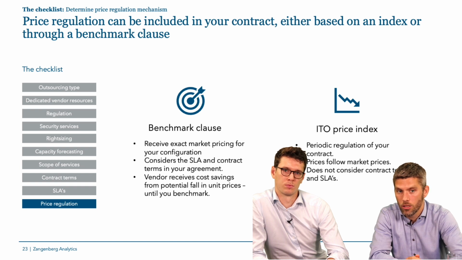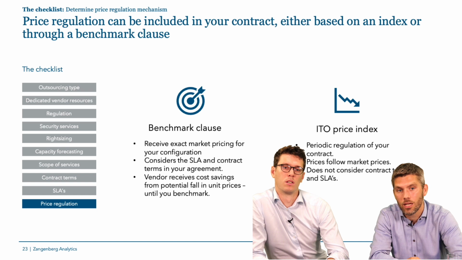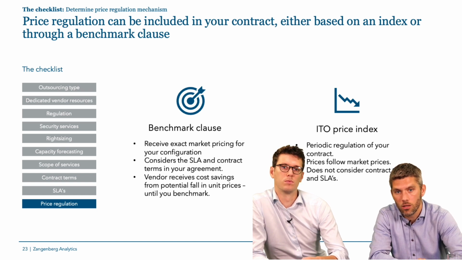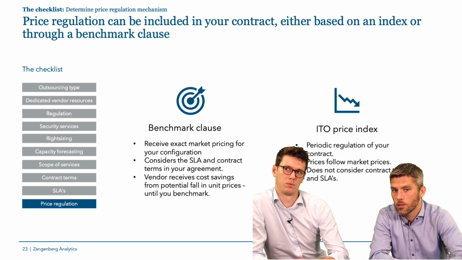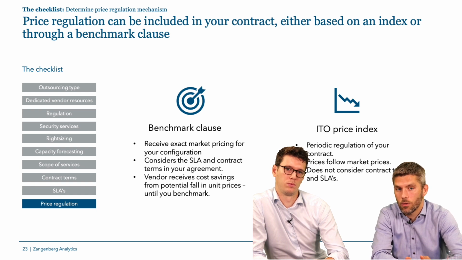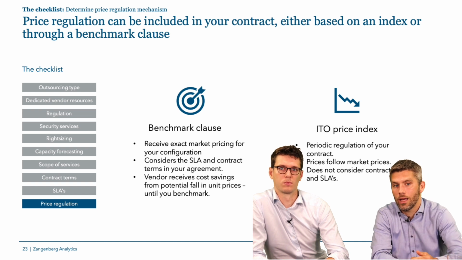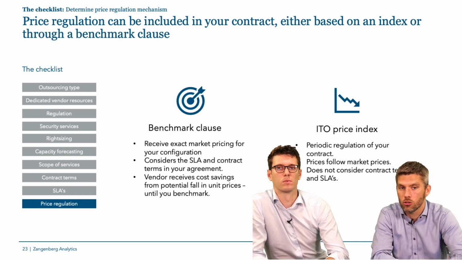And of course, it comes down to how well the benchmarking is calculated, and that's why people include some uncertainty in the benchmark clause. Fair enough, but at least the way we calculate it with our benchmark model, we can calculate the exact market price at the given time, and you shouldn't put in an extra 10% on top of that because the uncertainty is already taken into account.